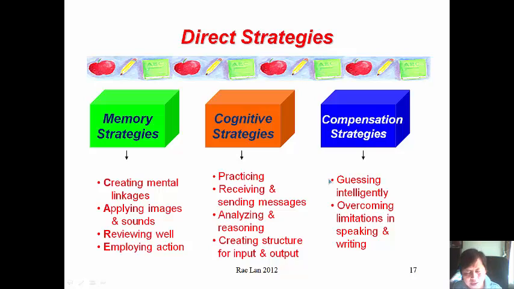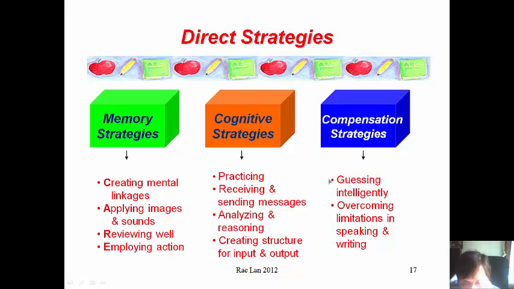According to Rebecca Oxford, she divided memory strategies into 4 subcategories, namely creating mental linkages, applying images and sounds, reviewing well, and also employing actions. And then you can see she used CARE, like an acronym, right, to represent memory strategies.